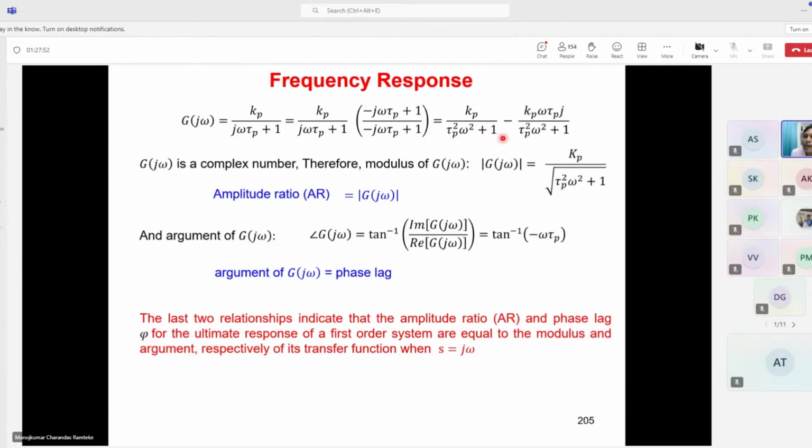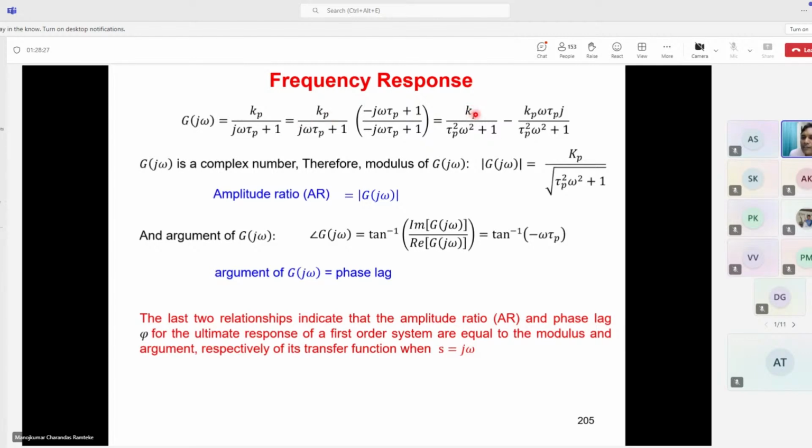So if I take the square of this particular term plus the square of the second term, I can take this entire term common, isn't it? So what am I going to get? In the numerator, I am going to get Kp square divided by this square, plus the second term will be Kp omega tau p divided by tau p square omega square plus 1, and this Kp term I can take out.